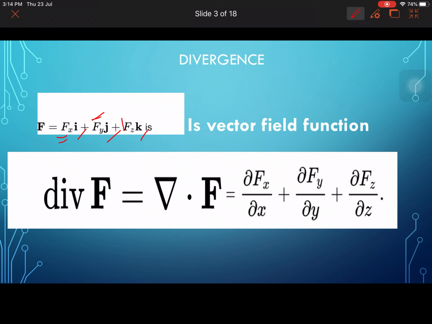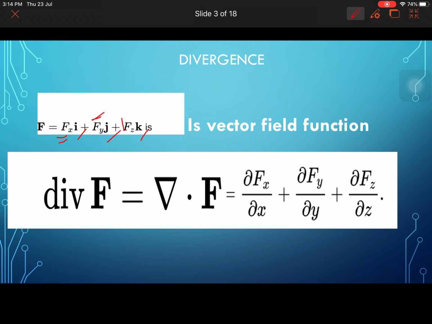Now, the divergence of that f bar tells whether the vector field is diverging from a particular point or not. Suppose you have the equation describing the entire vector field mathematically, but you want to know whether the field is diverging or converging. How to know?